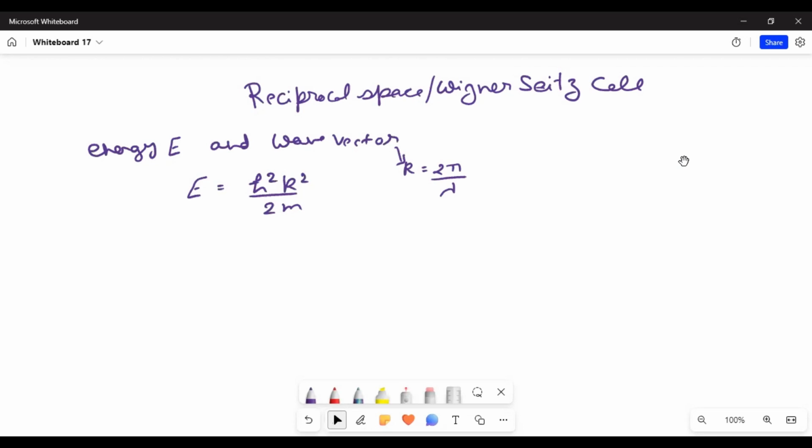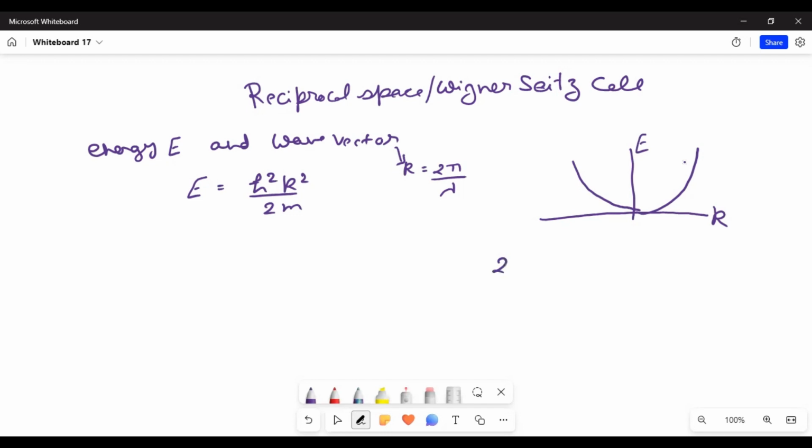And there we see if the electrons are nearly free, then the relationship between the energy and k is a parabola. The curve was something like this. For the bound electron, there is a discretization of this energy versus k: it was not continuous, but the energy exists only for specific values of k.